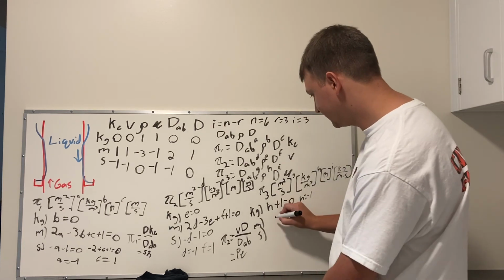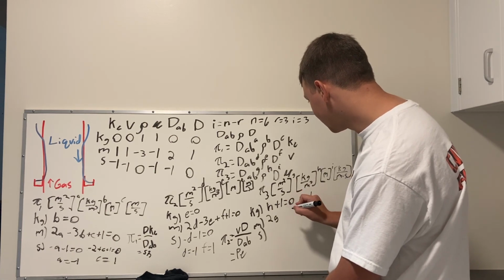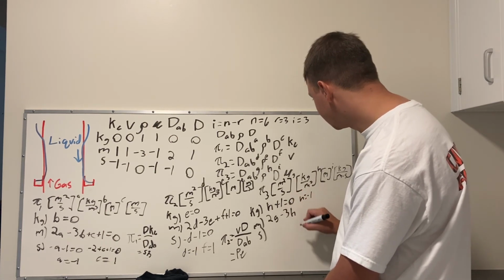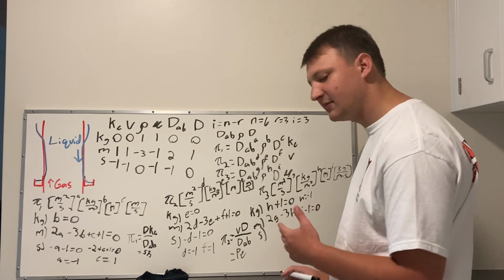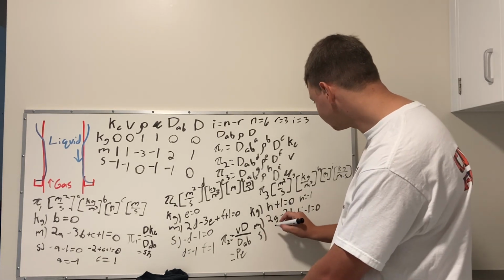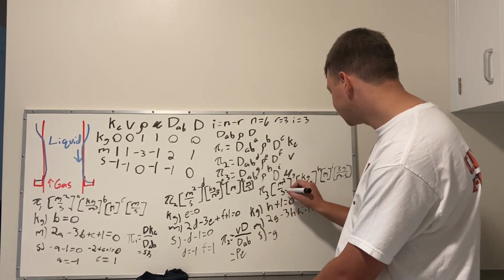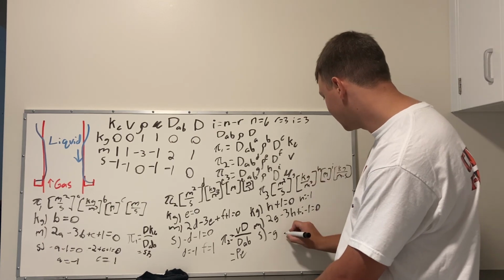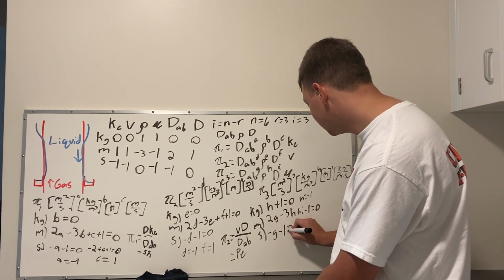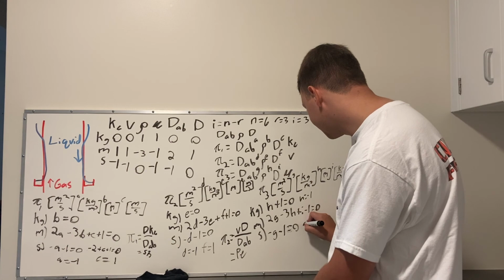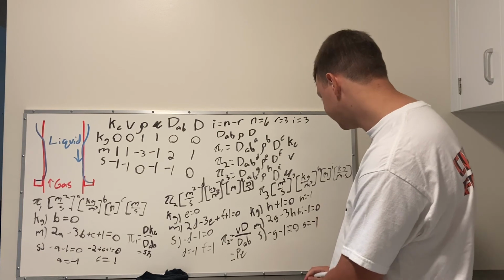For meters, we have 2 for G, -3 for H, plus I -1 equals 0. Come back to that. For seconds, we have -G, and H is 0 and I is 0, and then we have -1 equals 0. So G equals, add 1, -1.